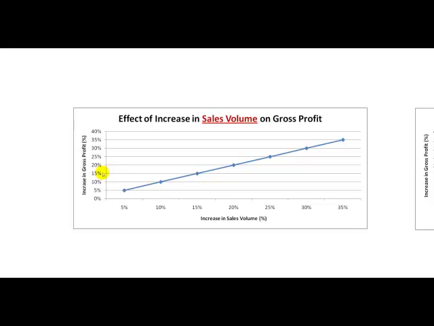This is just following simple math. Okay, now if you increase your sales volume by 25%, so 25% more people buy from you, guess what happens to your gross profit? It also goes up by 25%. So increasing your sales volume results in a one-to-one linear increase in revenue and gross profit.